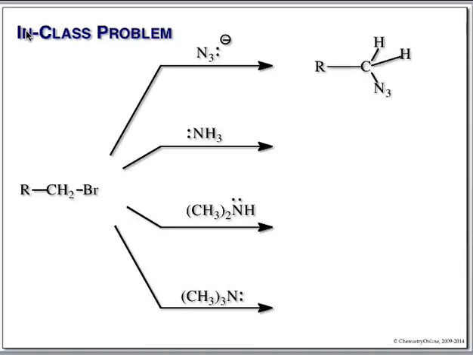If ammonia attacks, ammonia is neutral, isn't it? It has 3 things on our nitrogen and 1 unshared pair. If we attack this carbon and the bromine leaves, we wind up with 4 things bonded to our nitrogen.